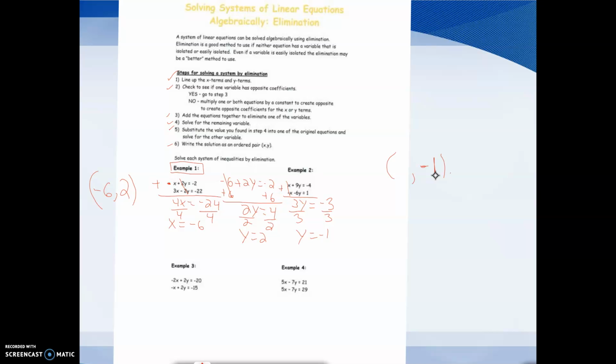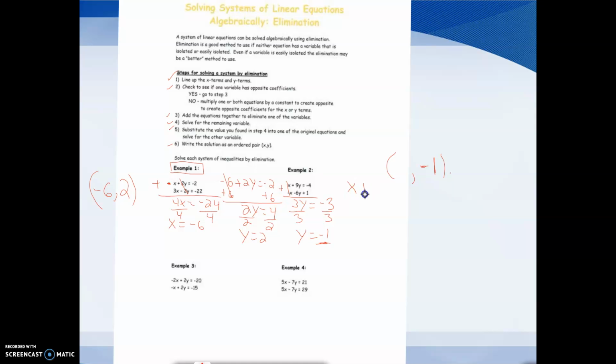All right. Now we're going to go ahead and substitute it. I'll put it into the first problem again. So I'm going to take my -1, right? And I'm going to plug it into the top problem. You can plug it into any problem you want, the top or the bottom, whichever you think would be easier for you to solve. And I'm just going to go for this one.